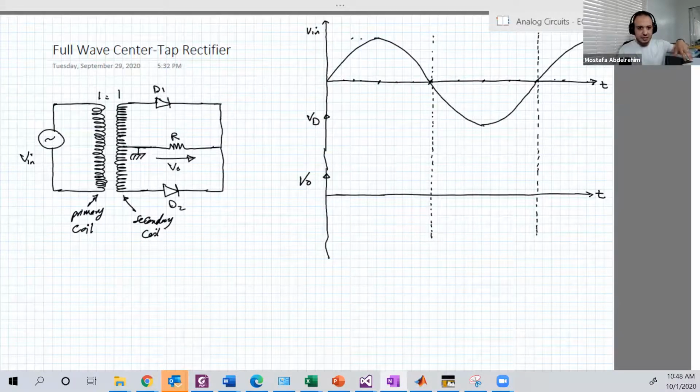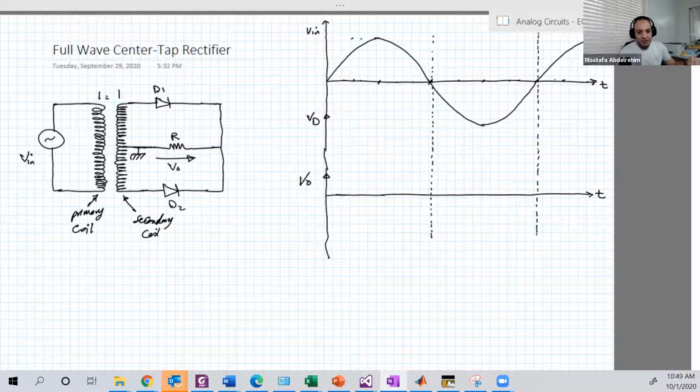Yes. So we have only two diodes. Compared to the bridge rectifier, which has 4 diodes, we have a 50% reduction in the number of diodes.